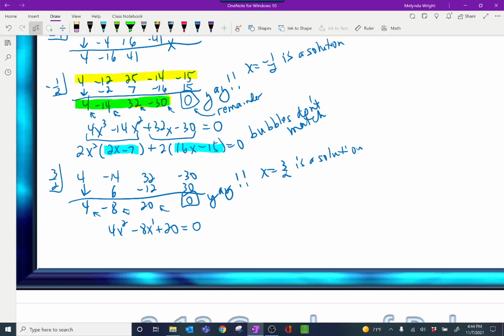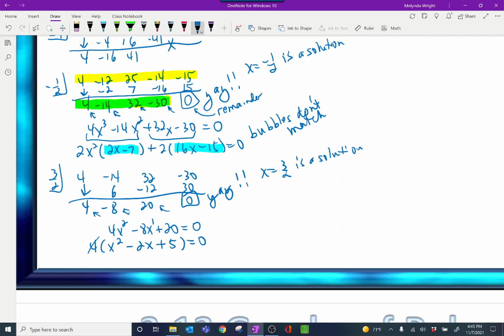First of all, I don't want to work with these big numbers anymore. I'm going to factor out the common factor here, which is a 4. So 4 times x squared minus 2x plus 5. Okay, and I divide the 4 off. Let's see, that is not factorable. So it looks like I'm going to need to do quadratic formula or completing the square.